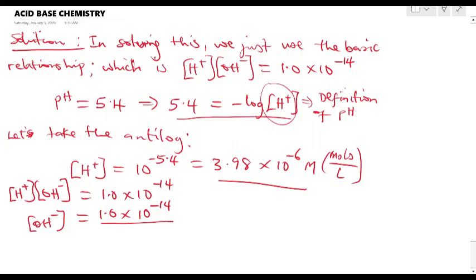We have it here as what? 3.98 times 10 raised to power minus 6.